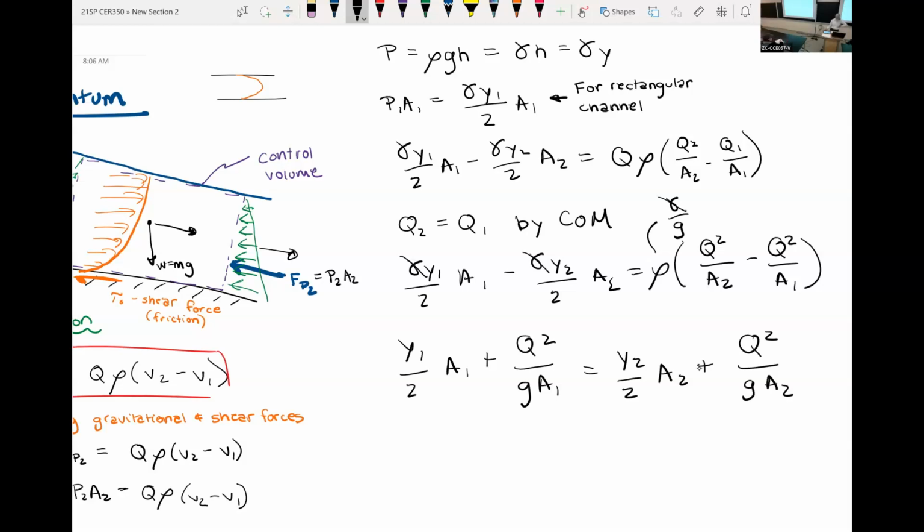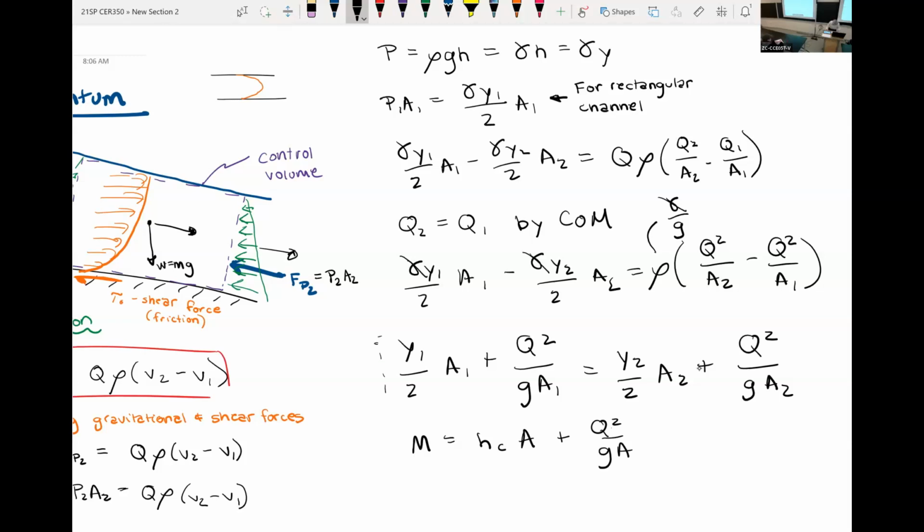And now this starts to look something like that M1 equals M2, where M is equal to h_c A plus Q squared over g A, right? Starts to take that form. Because h_c, we said for a rectangle, is y over 2. So that's what this is.